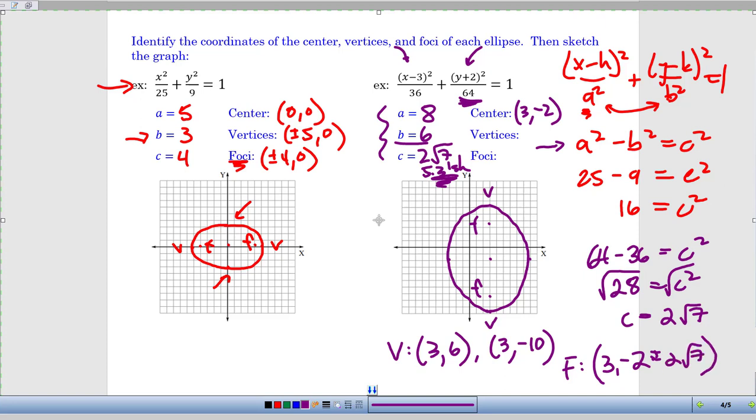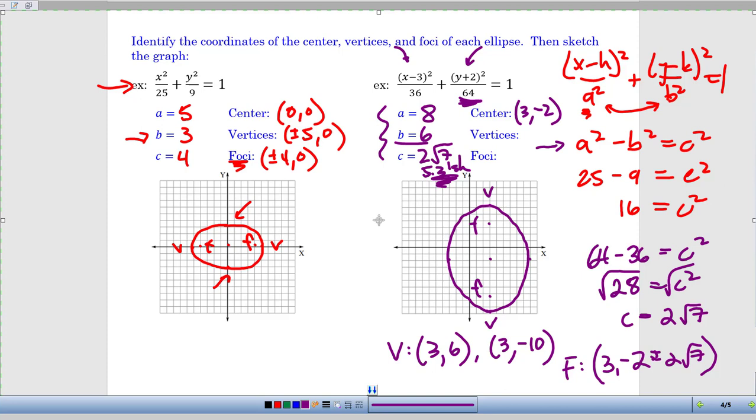So that's the way that I can give the exact locations of those foci. So instead of writing it as a decimal where I have to round off and it's not going to be precise, now I can give it as an exact answer because I'm traveling 2 root 7 up from the center and I'm traveling 2 root 7 down from the center. So we can write that as the y-coordinate -2 plus or minus 2 root 7 with an x-coordinate of 3.